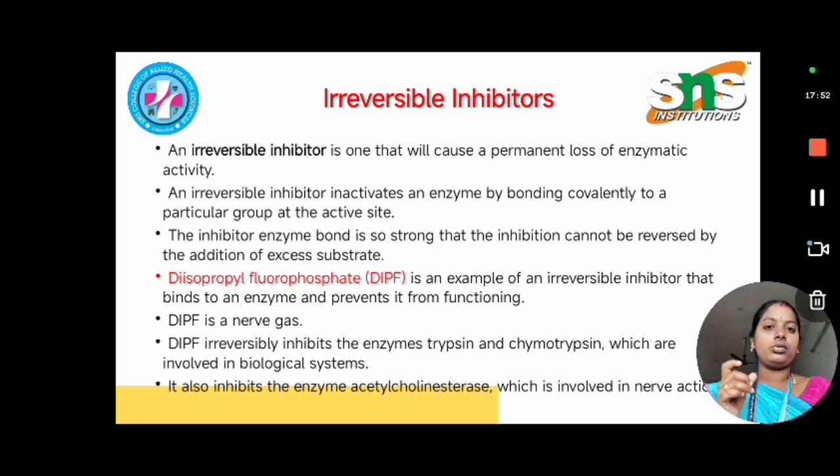DIPF mainly attacks the trypsin and chymotrypsin enzymes, which are found in the small intestine, and it inhibits the enzyme acetylcholine esterase, which is involved in nerve action. So when it enters acetylcholine esterase, it inhibits nerve action. Obviously the nervous system gets damaged when an irreversible inhibitor binds with that enzyme.